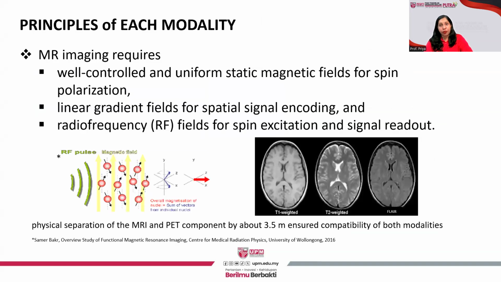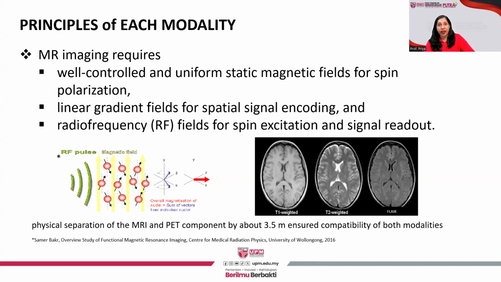As for the principles of each modality, MR imaging requires a well-controlled and uniform static magnetic field for spin polarization. As we know, our body contains hydrogen atoms in our water molecules, and these hydrogen atoms are precessing or spinning in their own magnetic field.